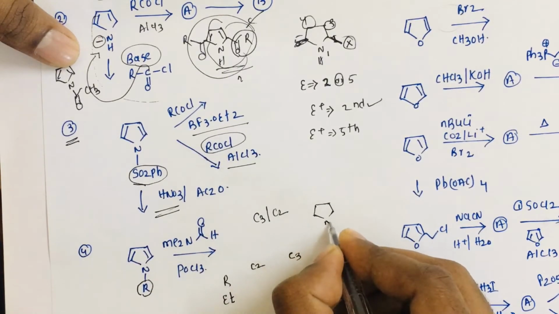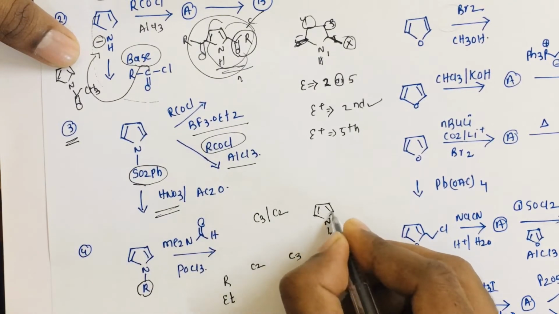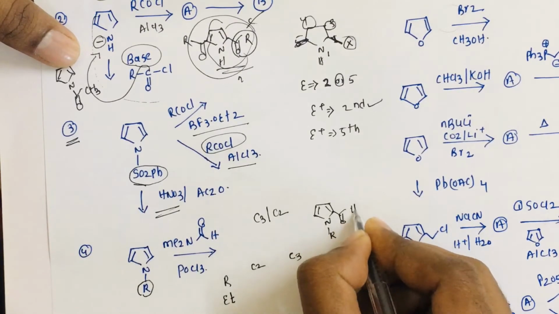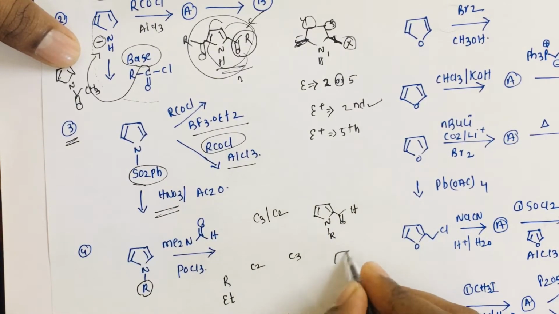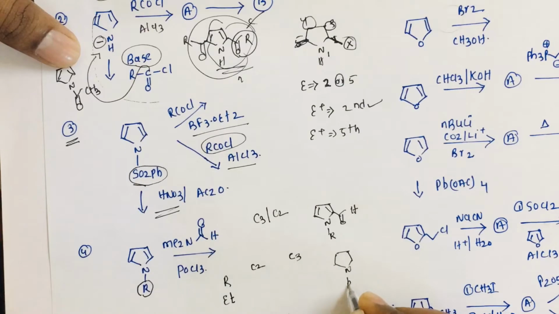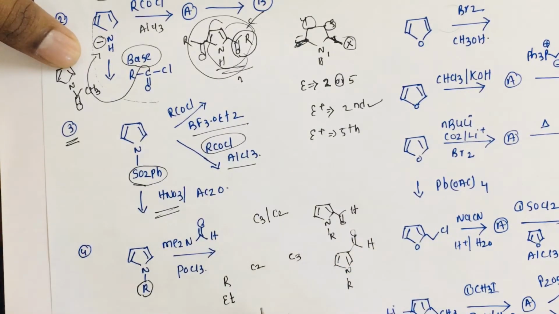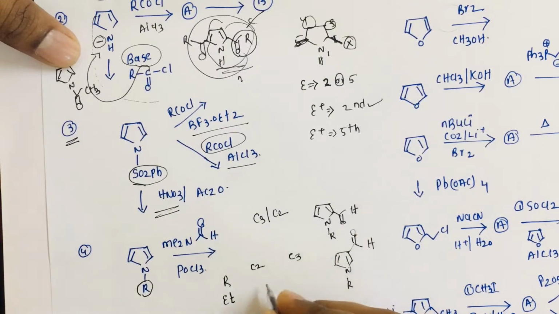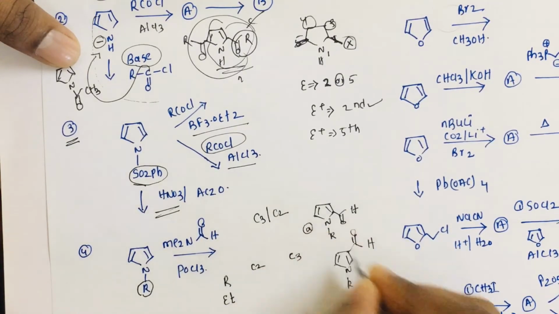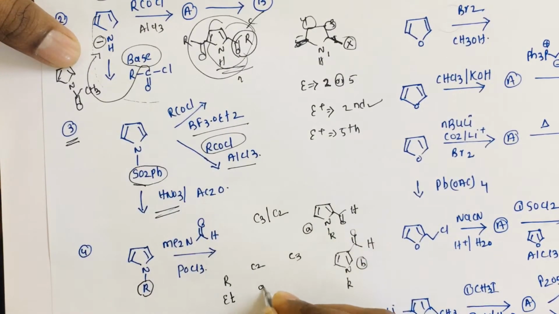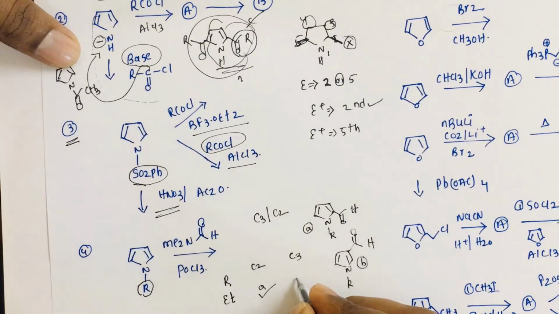C2 means NR, this is the product. C3 means this is the product. If R group is ethyl group, this is A and B. So A is major, B is minor.